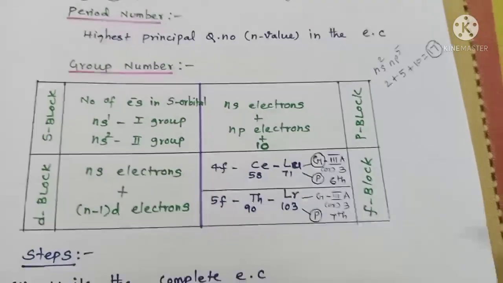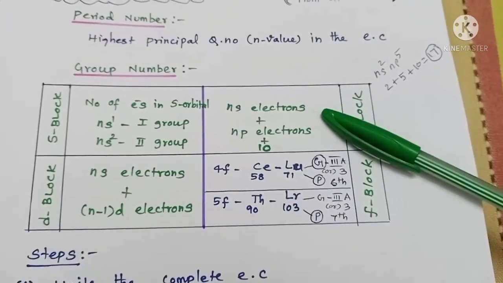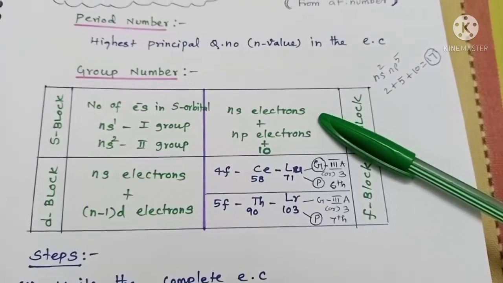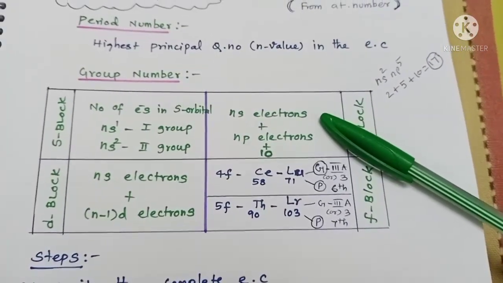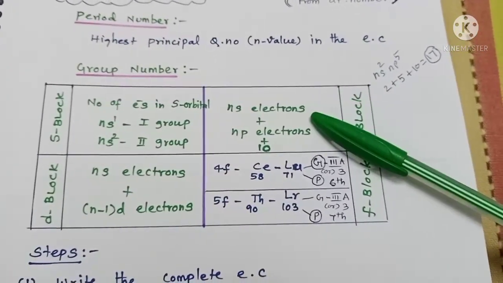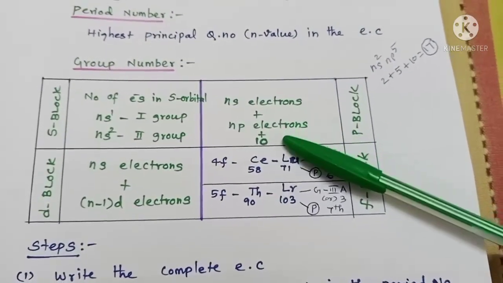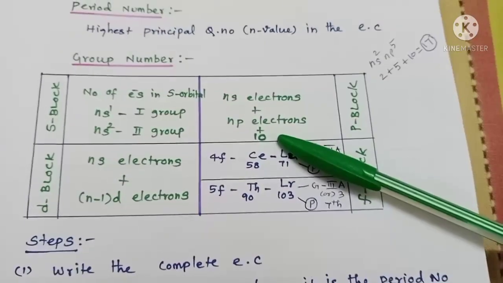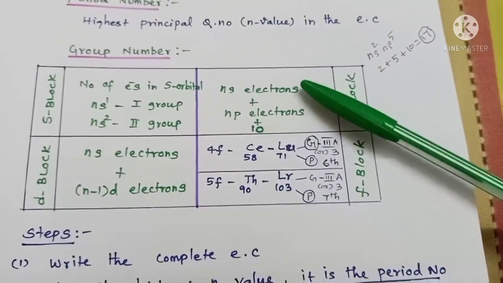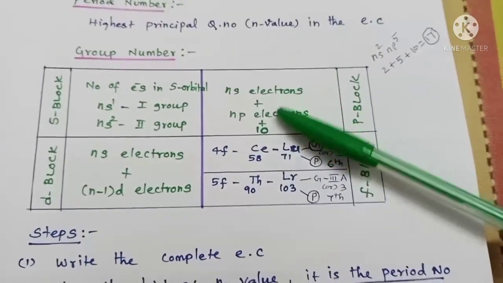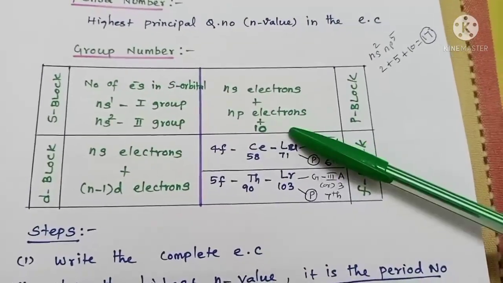Then suppose the valence electron is present in the p orbital. Now what you have to do is add the s electron number with the p electron number, and along with that, you have to add a number 10 also. So the formula is number of s electrons plus number of p electrons plus 10.